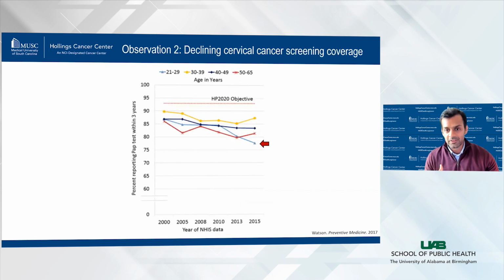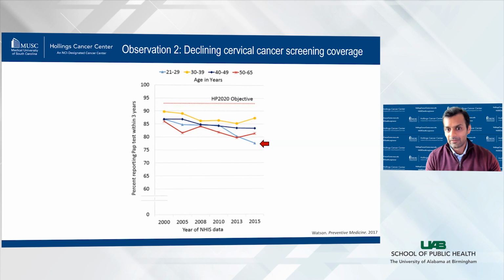Our second observation that was a strong motivator for some of our recent work was that we know that cervical cancer screening rates in the US are decreasing substantially, particularly among women in their early 20s, 20 to 29 years old, where there was a rapid decline over the last 15, 20 years. So, two observations. Nationally, overall cervical cancer incidence has plateaued, and cervical cancer screening rates have declined, particularly among young women.